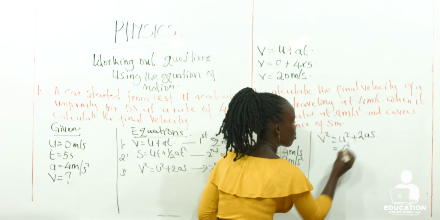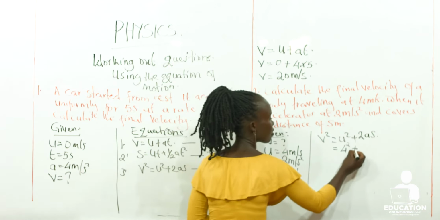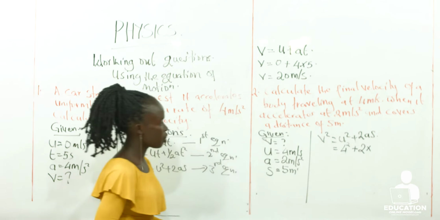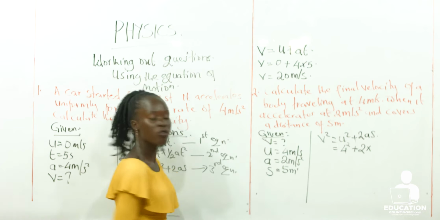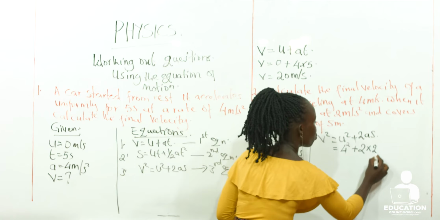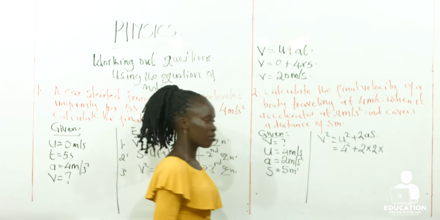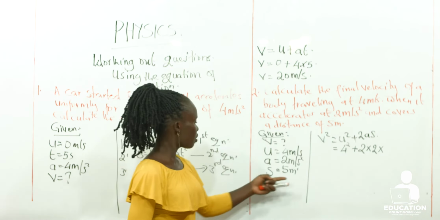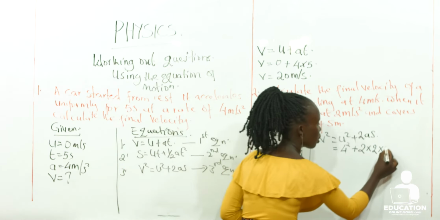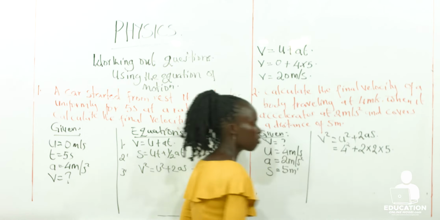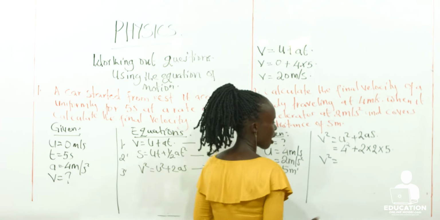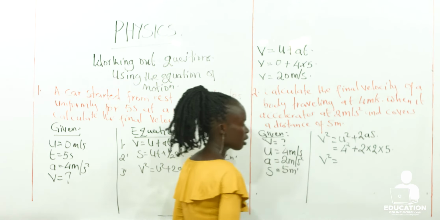So 4 squared plus 2 times our acceleration. The body accelerated at a rate of 2 meters per second squared, so we have times 2. It covered a distance of 5 meters, so where there is s, we substitute the value 5. So we shall have v squared equals 4 squared, which gives us what?